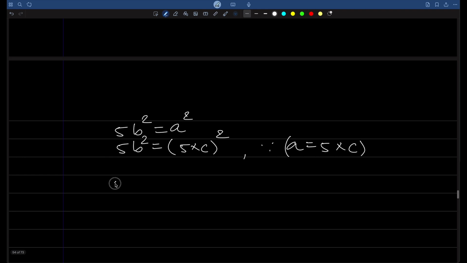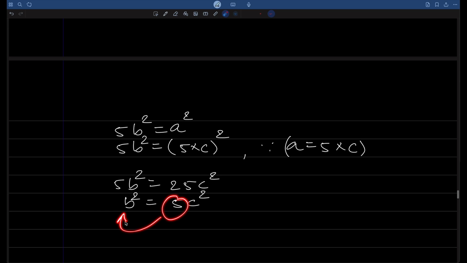This gives 5b square equals 5 square c square, which is 25 c square. Dividing both sides by 5, we get b square equals 5 c square. Now 5 divides b square. This means that 5 is a factor of b square.